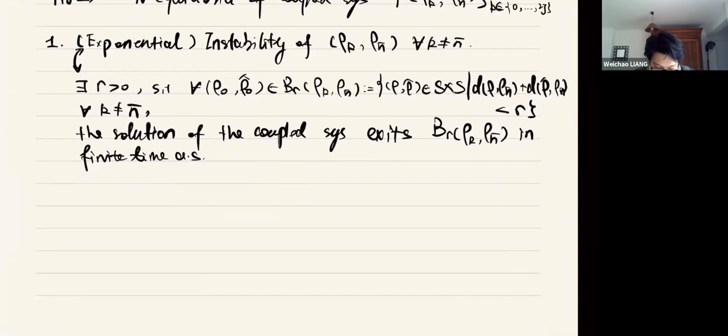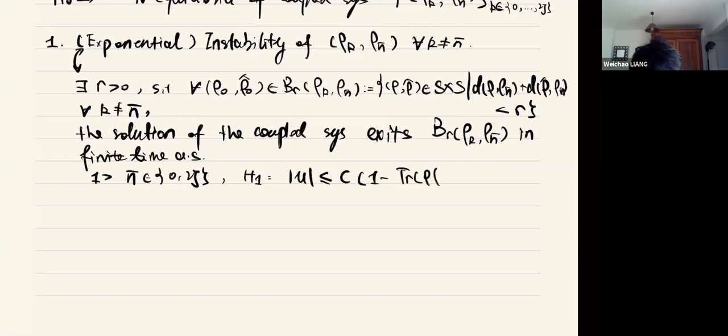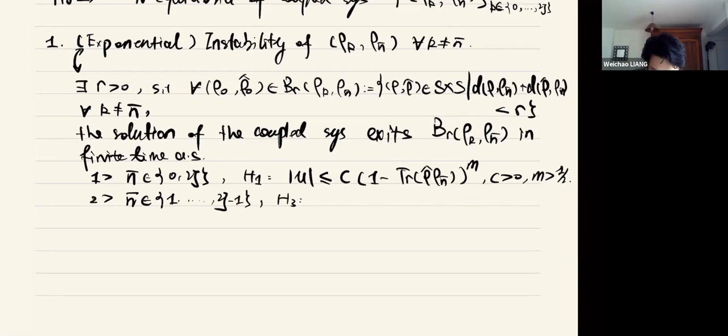In order to show this, we also separate two cases. The first one is the particular case, where our target state is 0 or 2j. For this case, we need the assumption that our feedback controller satisfies H1, which means the absolute value of the feedback controller is bounded by this function, for some positive constants C and M. The second is the general case, where we need H3, the hypothesis on the feedback controllers.